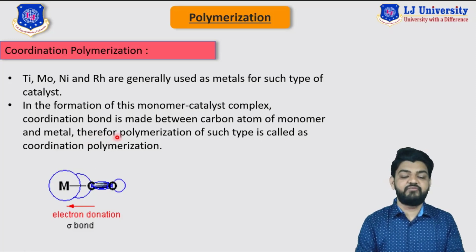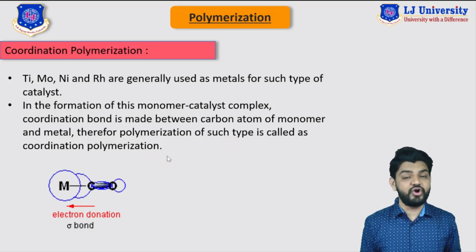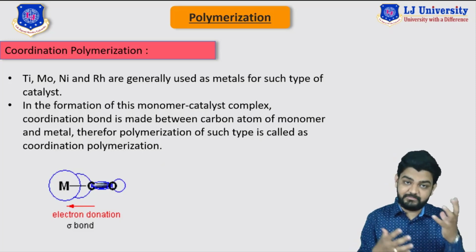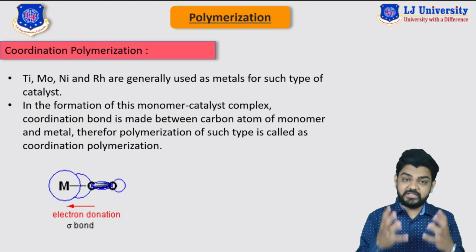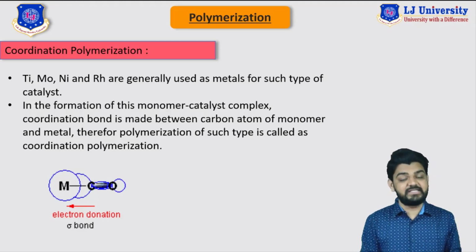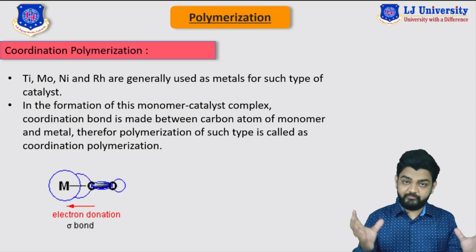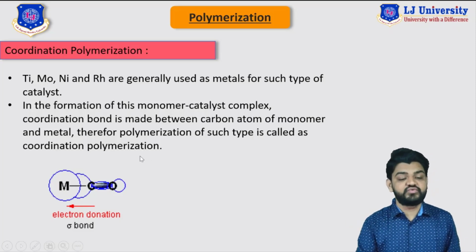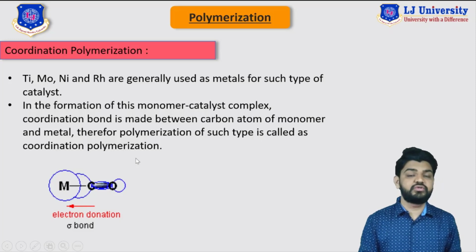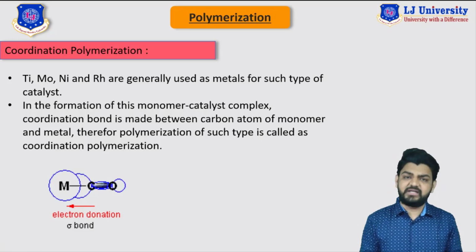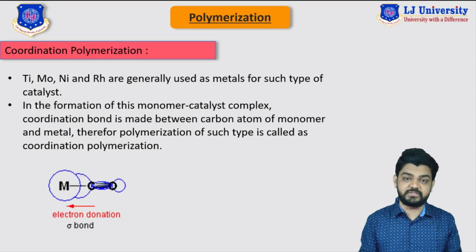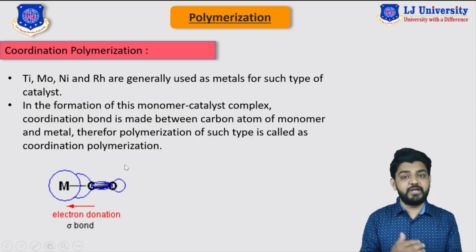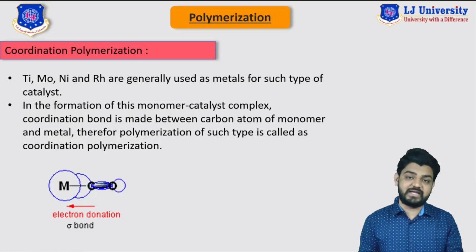Therefore this polymerization process is referred to as coordination polymerization, because the bond connecting the metal and carbon is the coordination bond, and ultimately this metal-carbon bond acts as the active center for the growth of the polymer. So this was all about the basic introduction to coordination polymerization. It is mainly based on the catalyst that we use for this polymerization. Now let's see how polymerization growth proceeds based on this catalyst.